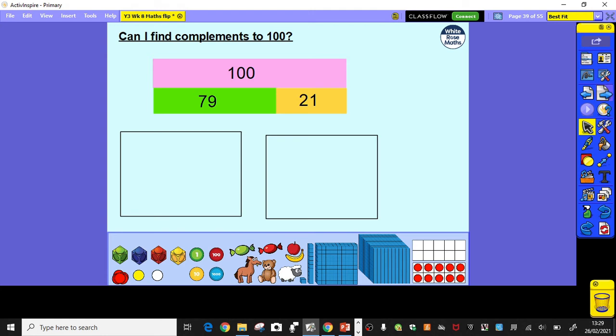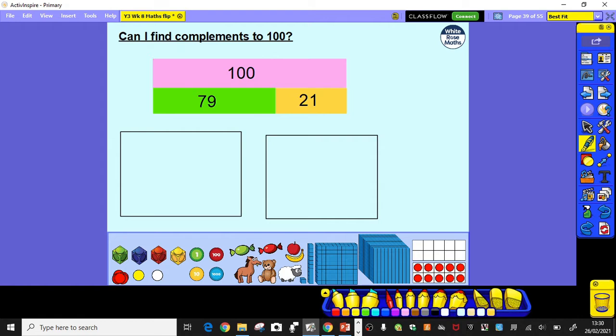Let's have another look at this example. So here we've got 100, 79 and 21. Well, I know that 9 and the 1 will go together to make a 10. So that gives me 10, and that's 7 10s and 2 10s gives me 9 10s.